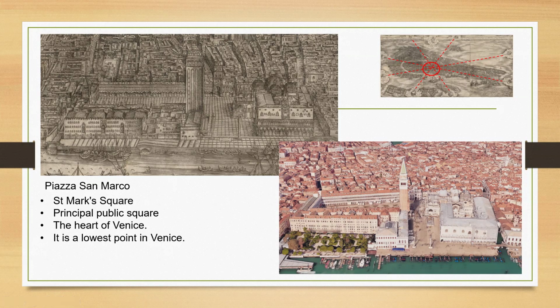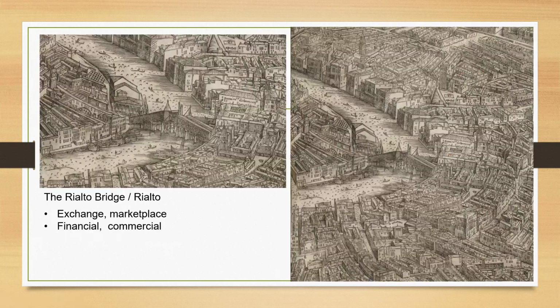The heart of Venice is also the lowest point in Venice, when there's acqua alta, seasonal flooding between fall and spring. It is the first place to be flooded.